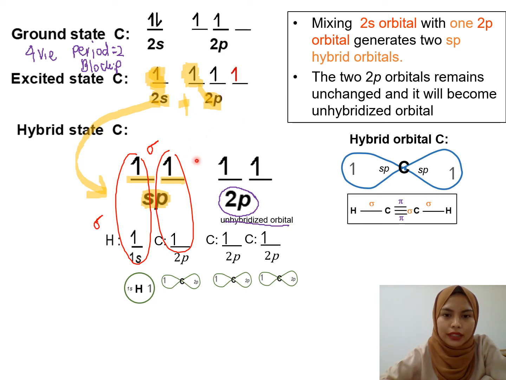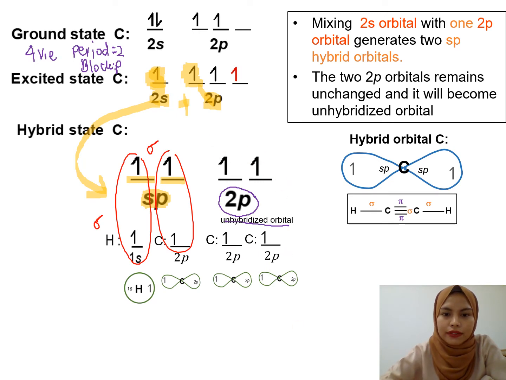pembentukan hybrid orbital. Okay, and then pi bond kan terhasil sebab kamu overlapkan 2 p orbital. So sekarang ni since you have 2 pi bond, therefore you kena ada 2 sets of p orbital yang akan overlap side to side.